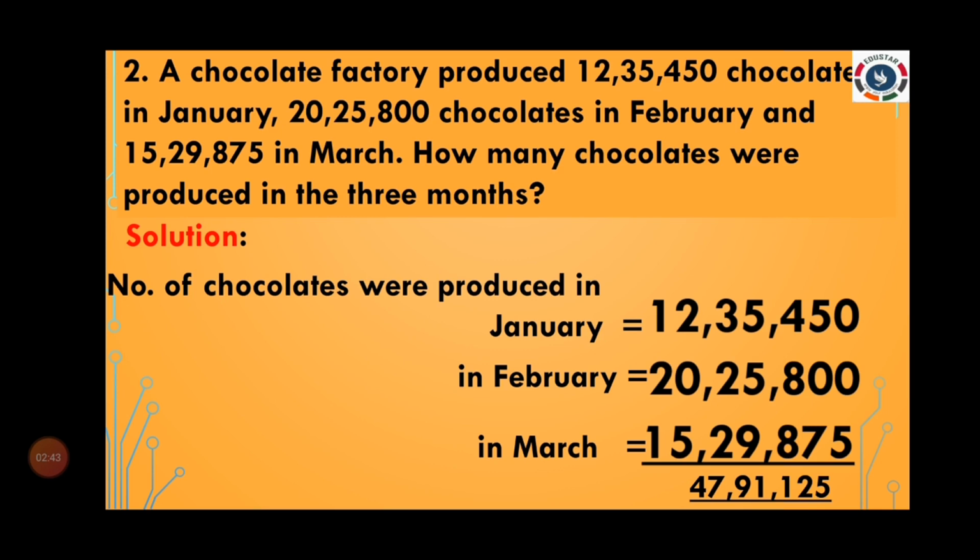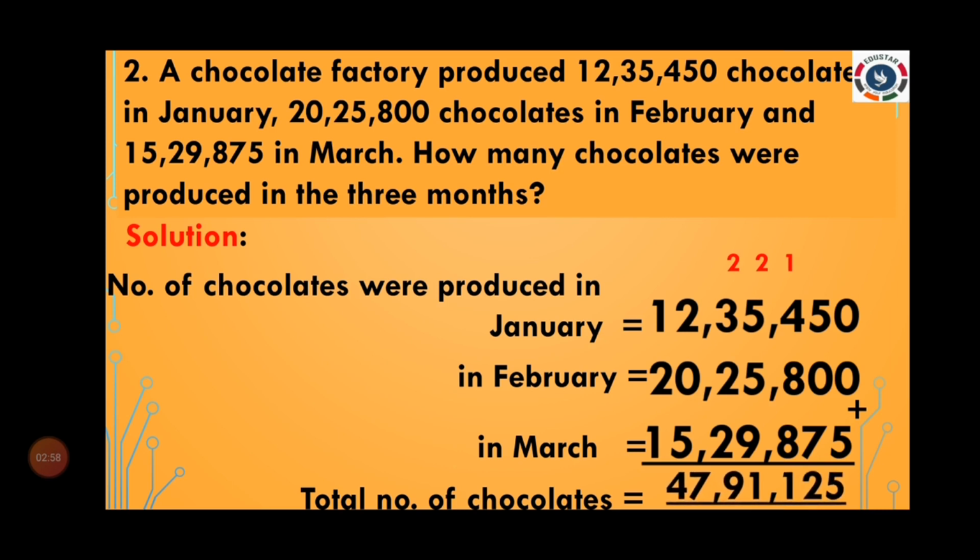So how many means total. They are asking for total chocolates, so we want to find that. What do we want to write? Total number of chocolates is equal to how much? You want to add all those numbers. Finally we get 47 lakh 91,125 chocolates. So 47,91,125 chocolates were produced in the 3 months.